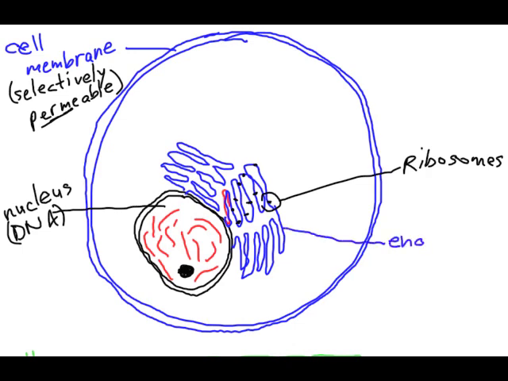This is considered the endoplasmic reticulum. Cannot do eyes with this tablet. Endoplasmic, there's a little bit of a lag on it. Reticulum. Okay, so we'll use the letters ER to shorten it.